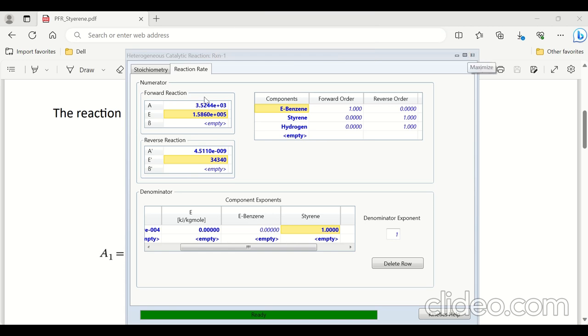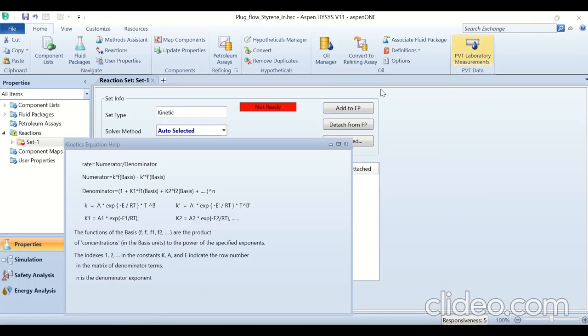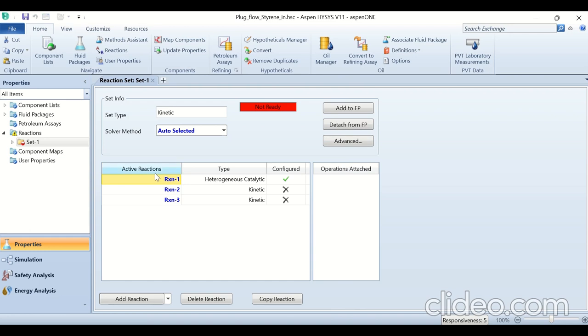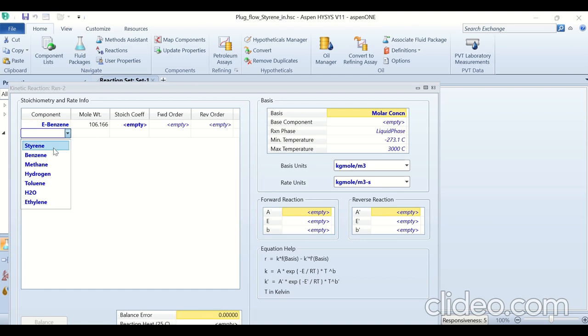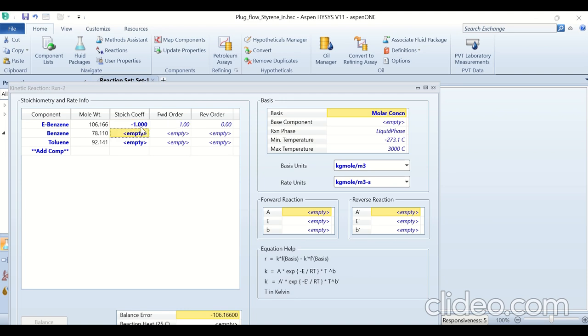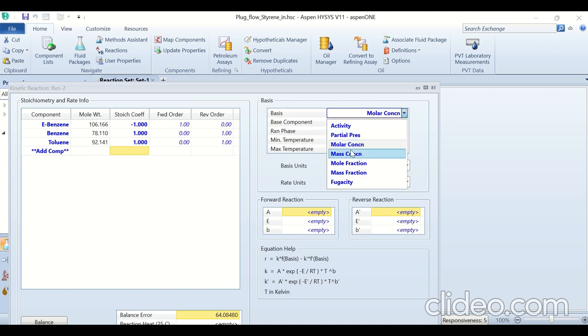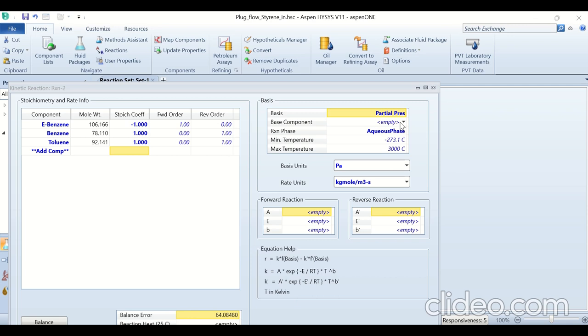Now close this and define the second reaction, reaction 2. Double click on the second reaction, where ethylbenzene is converted into benzene and toluene. So 1 mole of ethylbenzene reacts and forms 1 mole of benzene and 1 mole of toluene. The basis is partial pressure, the base component is ethylbenzene, and this is vapor phase.